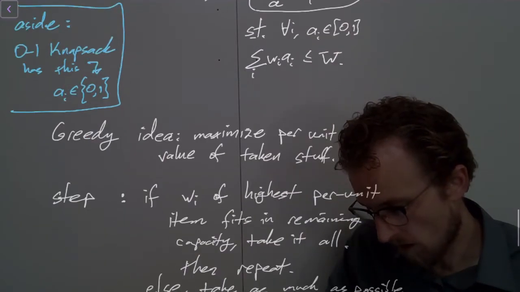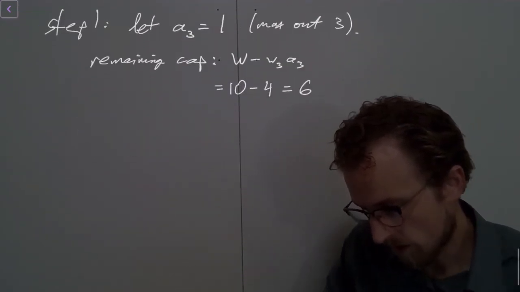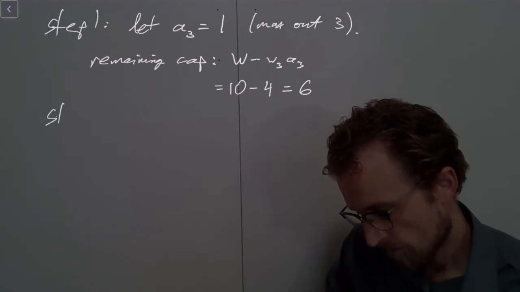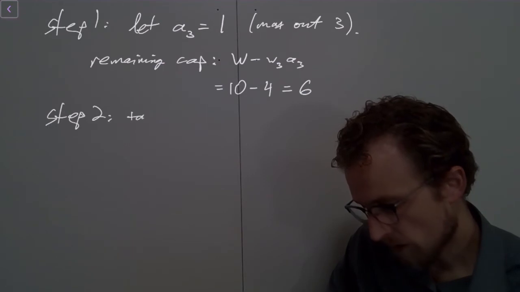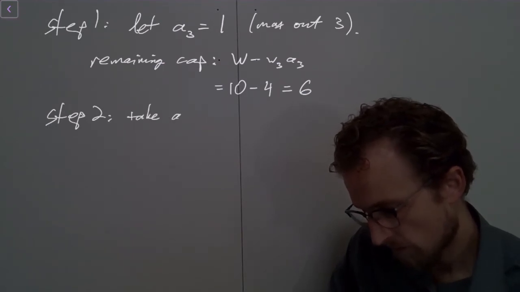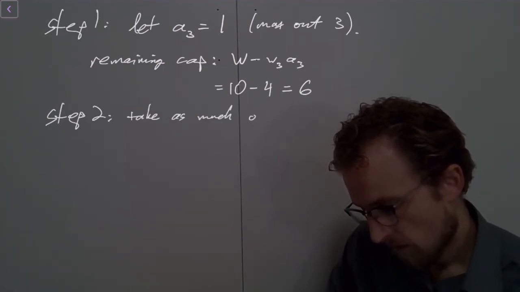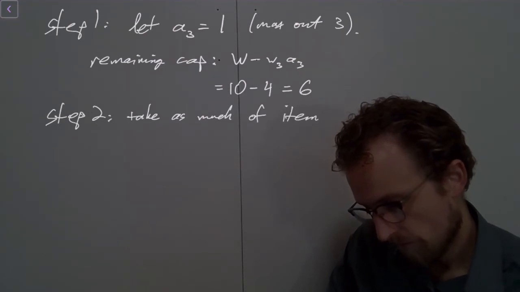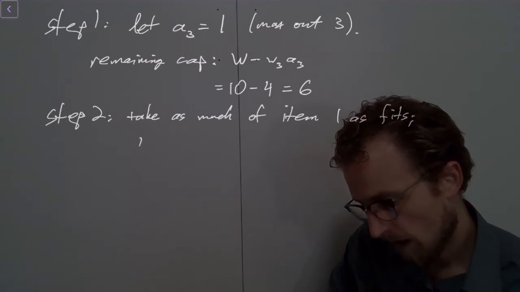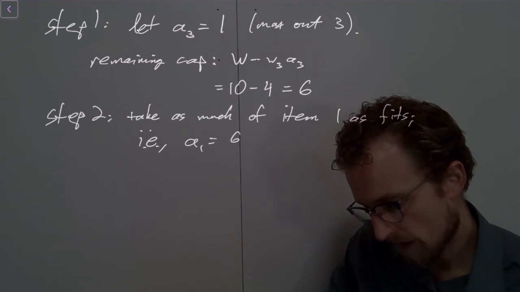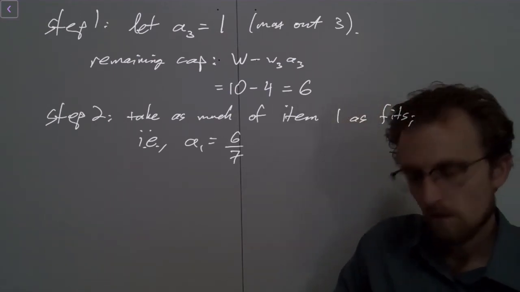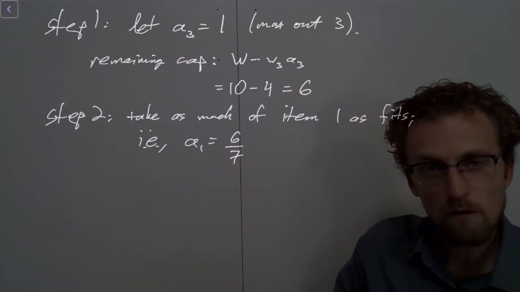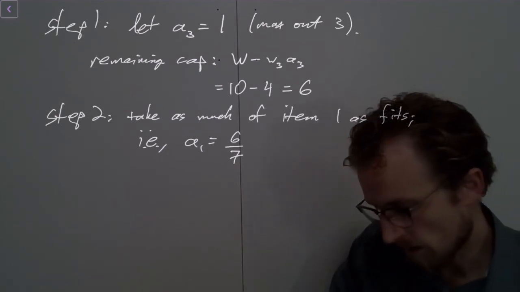Okay, so here in our step 2, take as much of item 1 as we can fit. That is, A1 should equal 6/7. Okay, and so what does that mean? Well, let's just verify that now our remaining capacity is 0.